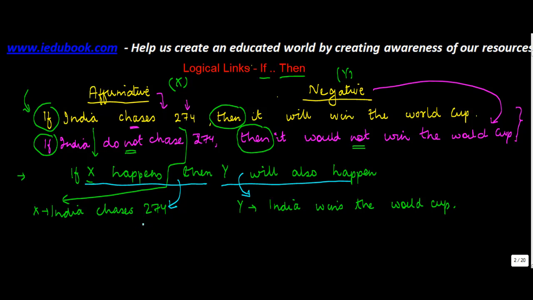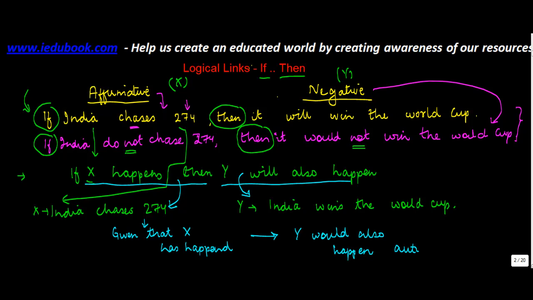So if it is given that X has happened, then as a necessary corollary, it follows that Y would also happen automatically. There is nothing further to be done to make Y happen.